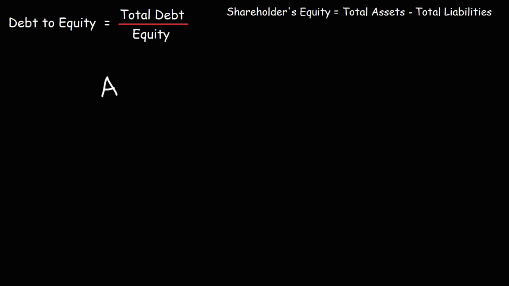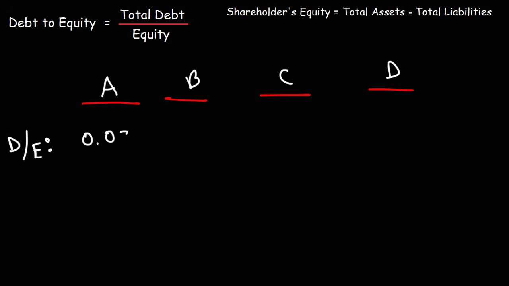Company A, B, C, and D. So let's start with company A. Let's say that this company has a debt to equity ratio of 0.03, and for company B it's going to be 0.47, company C 1.2, and for company D 9.6.